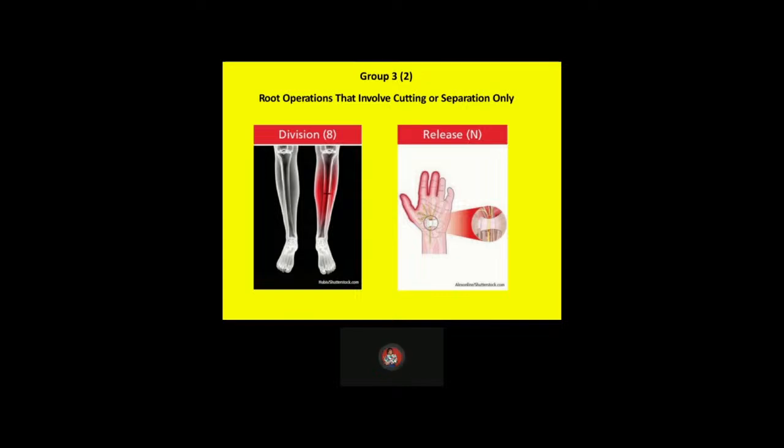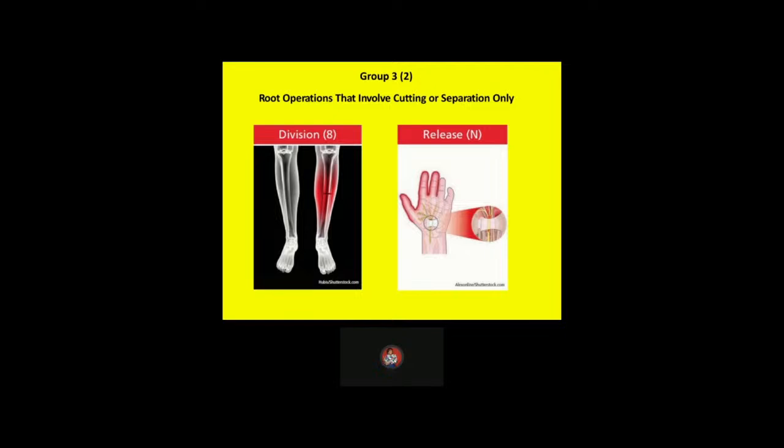It is represented by character value 8. Release, represented by character value number 9, is freeing a body part from an abnormal physical constraint. I do want to call your attention to your coding guidelines. There is a guideline that speaks to the difference between release versus division.